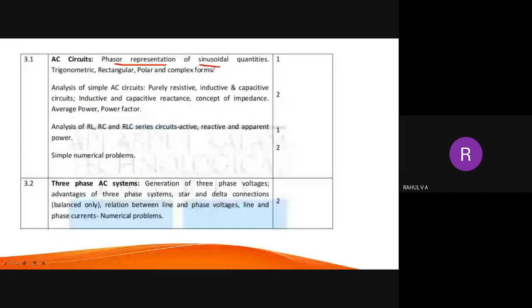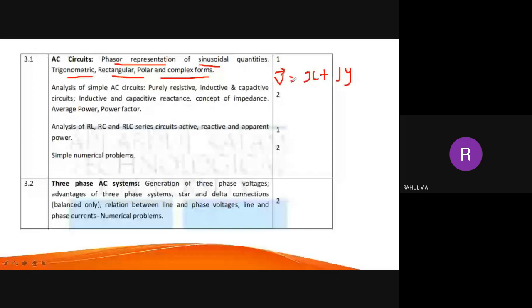A phasor is a vector which has both magnitude and direction. We have also seen the trigonometric, rectangular, polar, and complex forms. In rectangular or Cartesian form, a phasor is represented by x plus jy. That is the formula for a vector.